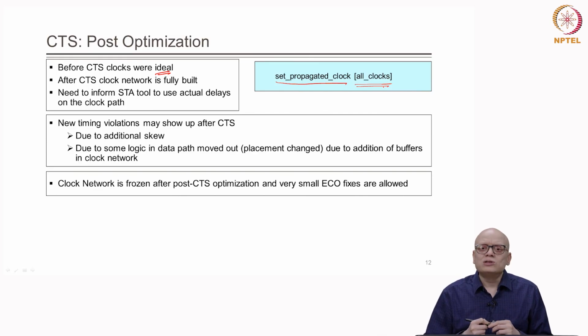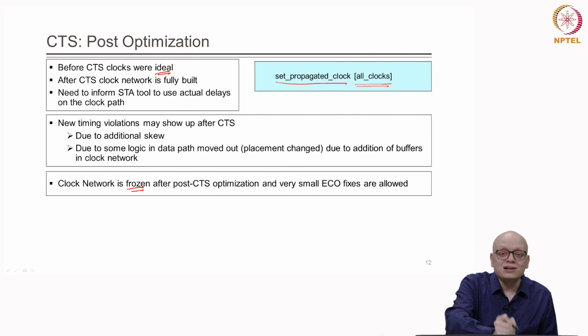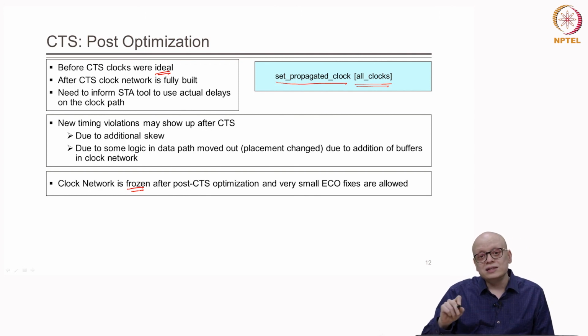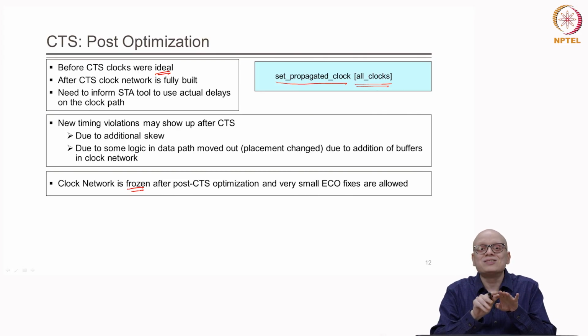Once those timing violations are fixed, maybe using optimization techniques like resizing or making incremental changes in the placement, the clock network is frozen. This means that we have inserted all the circuit elements on the clock path, and we have also done the routing of the clock signal, and therefore we say that our clock network is fully built.